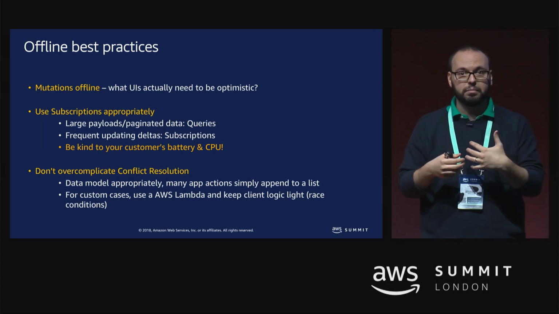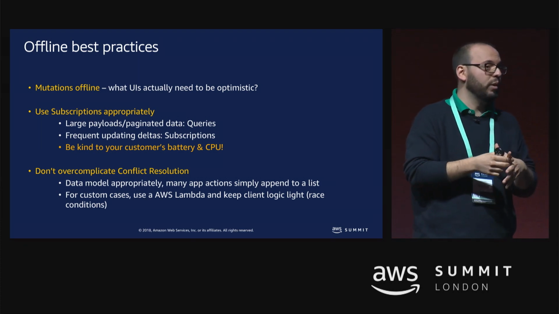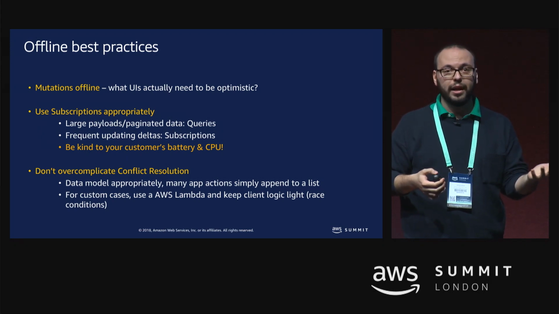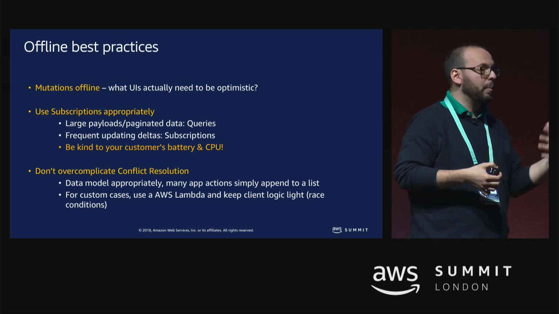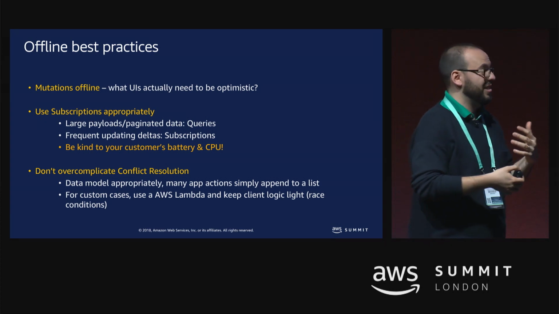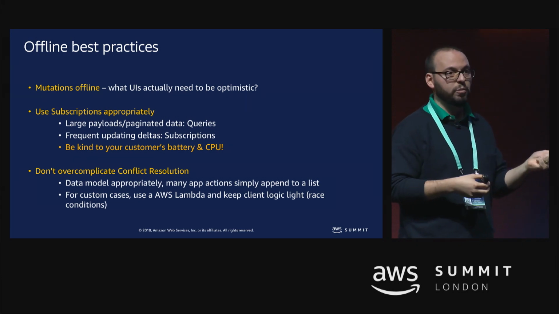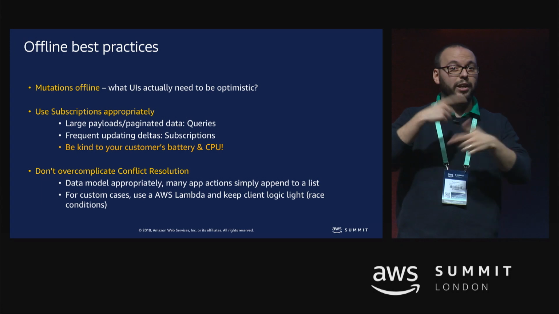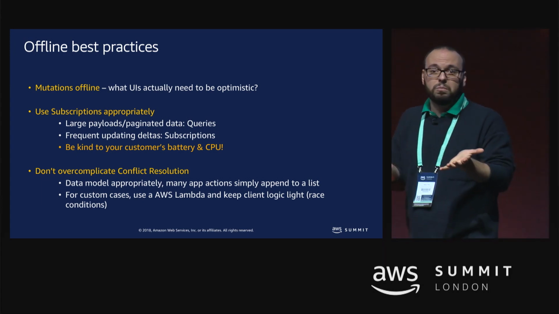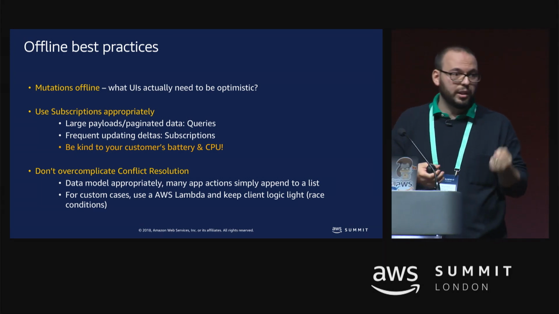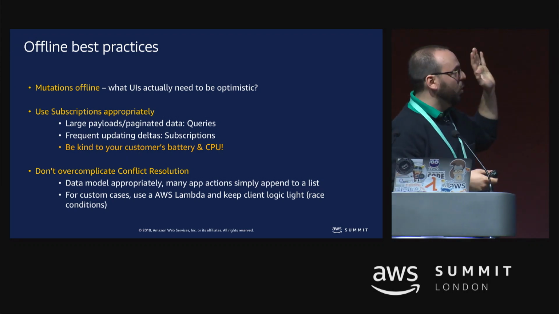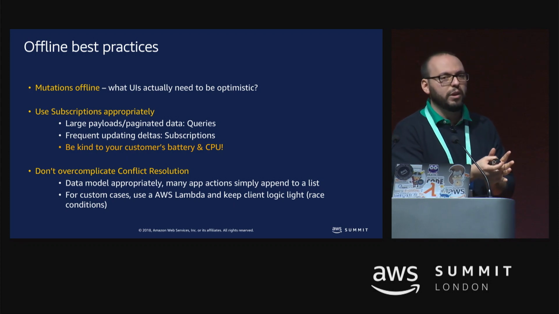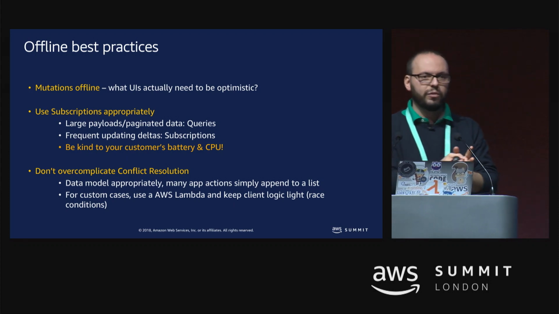And because I'm stubborn, I thought, let me just do a network capture, let's say with Wireshark, and look at all the networking calls that my applications are doing. And it's staggering to see so many requests being made just because my application is offline. Let me just keep retrying in a loop. Because why not? What could possibly go wrong? And then your phone keeps heating up. So when you're using these features, please keep your customers in mind, especially their battery. They may not have the latest phone in the world.